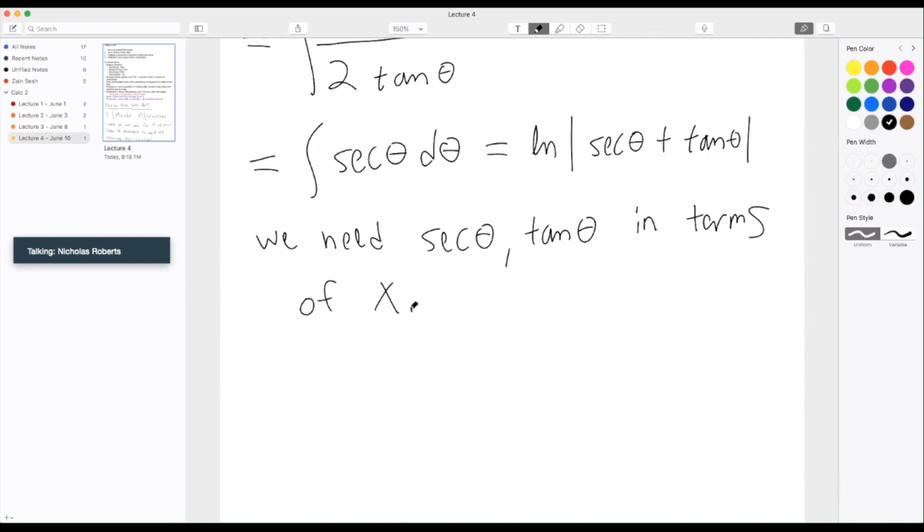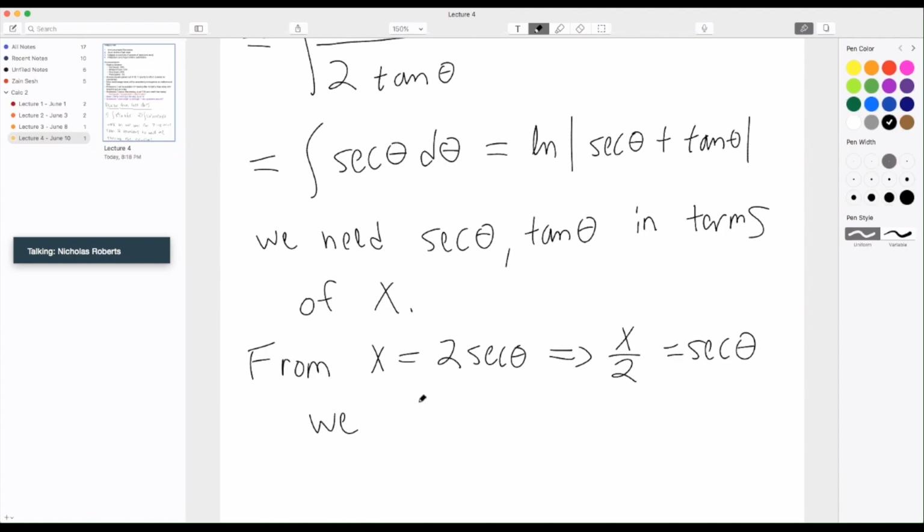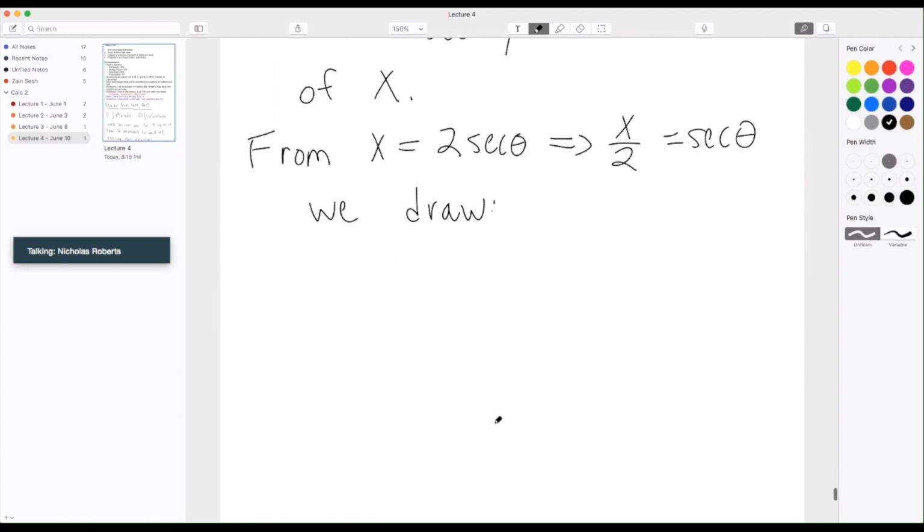From our initial substitution, x equals 2 secant theta, which is the same as x over 2 equals secant theta, we draw the following triangle.